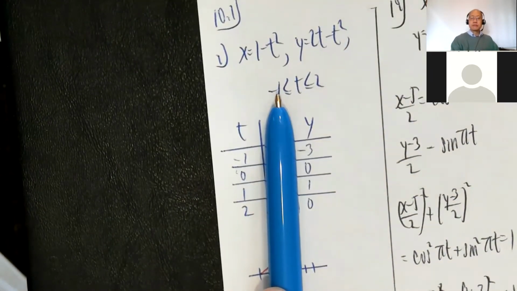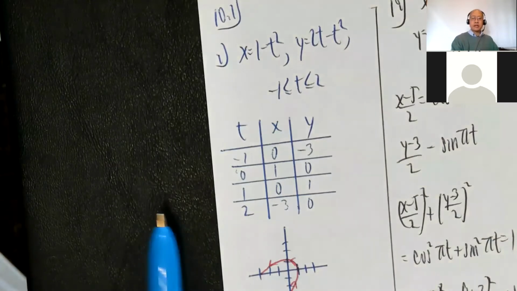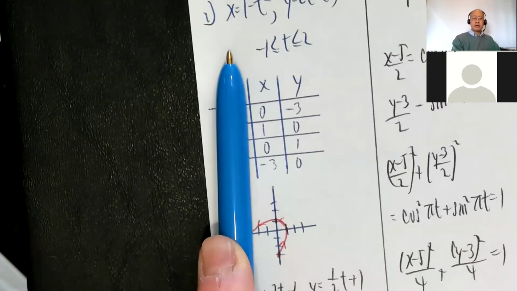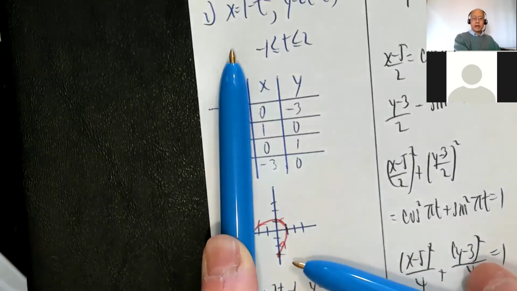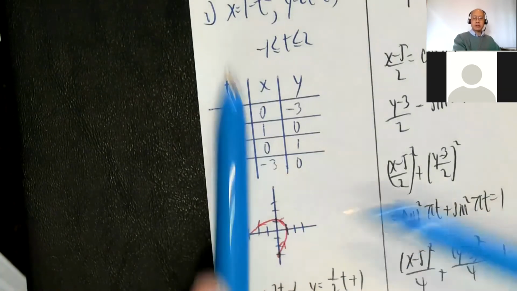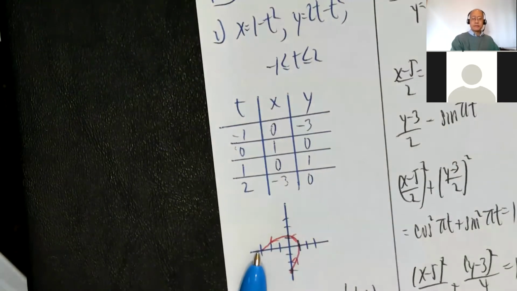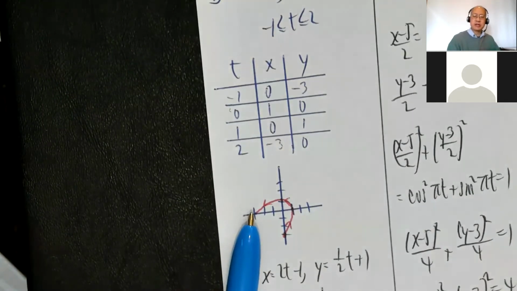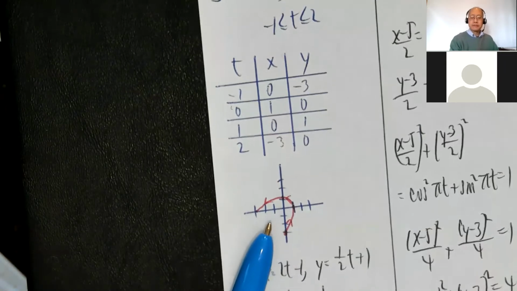Okay, both very easy. And now to plot the points, just cover up the t, and this is very easy, right? So (0, -3), (-1, 0), (0, -1), (-3, 0). There's the graph. Okay. Almost looks like a sideways parabola.